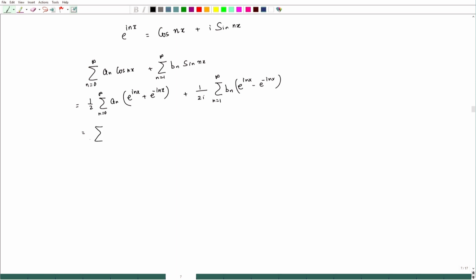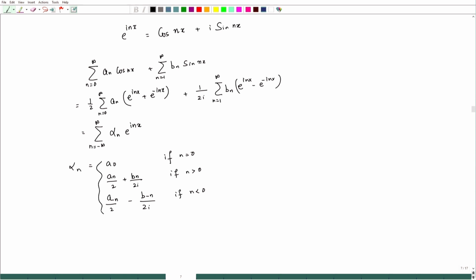So, this I can write in the form sum n equal to minus infinity to infinity alpha n e to the power i n x, where alpha n is equal to a 0 if n is equal to 0, a n by 2 plus b n by 2i if n is greater than 0, and a of minus n by 2 minus b of minus n by 2i if n is less than 0. That is our alpha n in a compact form.